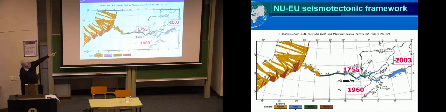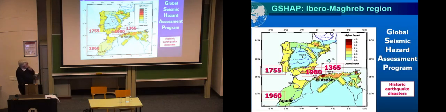Compared to the motions along the mid-ocean ridges, which go up to 50 or so, even higher, 60 millimeters a year. Those are very tiny motions, which means that big earthquakes repeat very infrequently along that boundary. And that makes Lisbon 1755 quite an interesting thing to look at. And I mentioned some of the others.